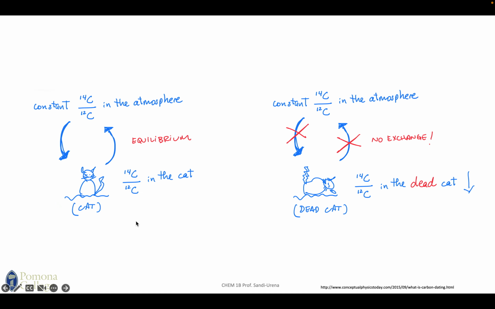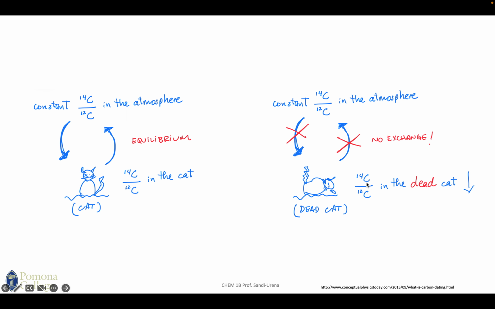Now, let's kill the cat. What happens? When the poor thing dies, that exchange with the environment stops. So the ratio in the atmosphere, in the surroundings, is going to remain constant.